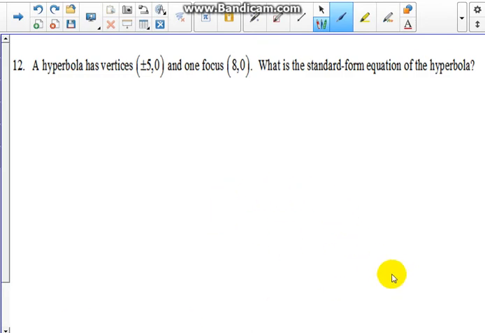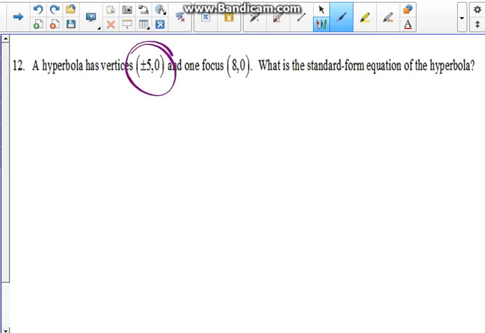Okay, number 12 is about hyperbolas. It says a hyperbola has a vertex of positive and negative 5, 0, and one focus at 8, 0. What is the standard form equation of the hyperbola? So we first have to decide what kind of hyperbola this is.